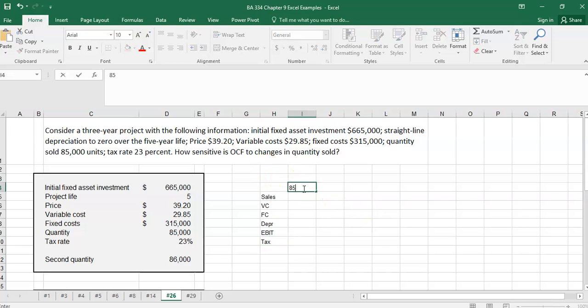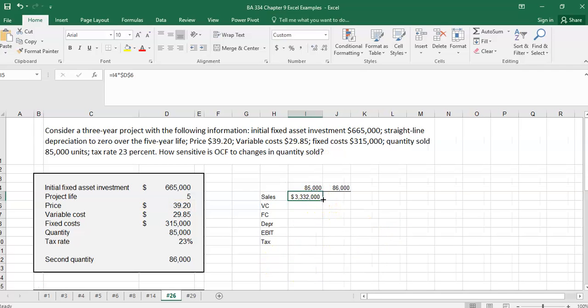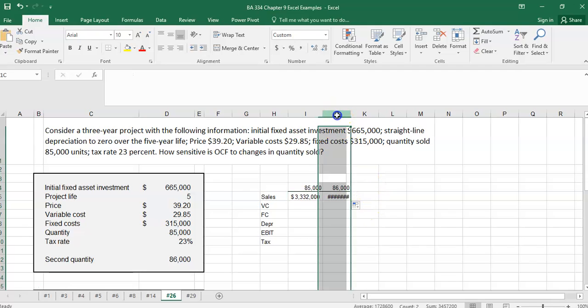These are the numbers that we need. We have 85,000 units and 86,000 units. So we want the difference between the two. Then I'm just going to format. So this is a dollar amount. Okay, so sales, we have our units times our price of $39.20. I'm going to lock that so I can just copy that formula over, and it will do it for the 86,000 as well.